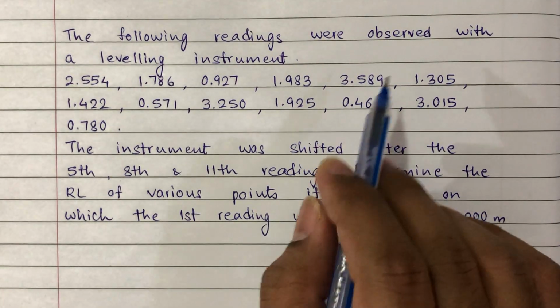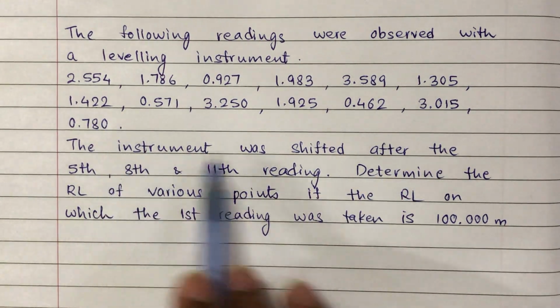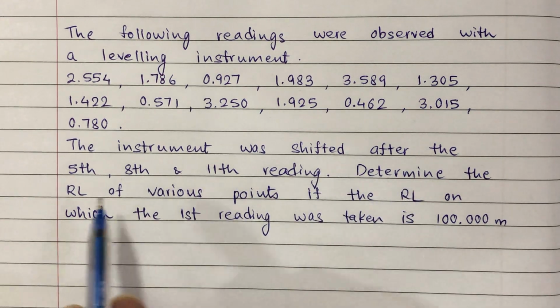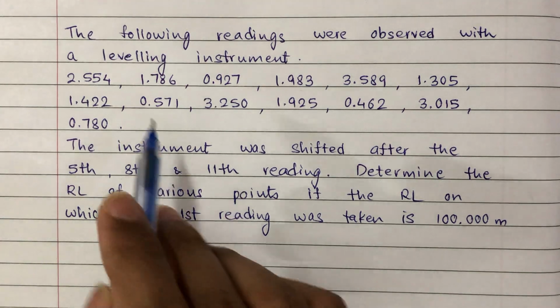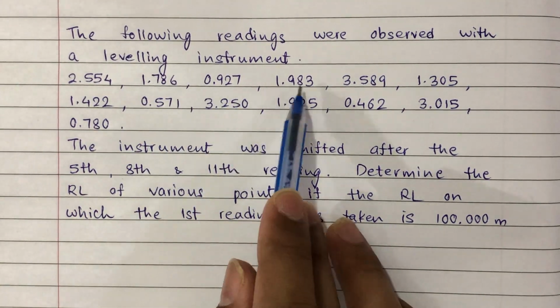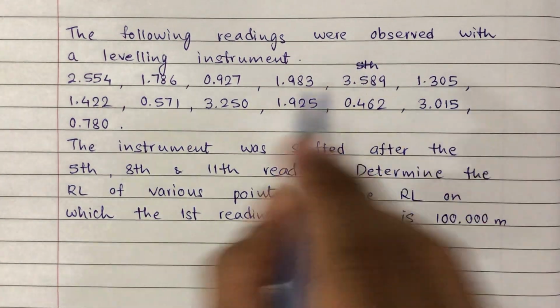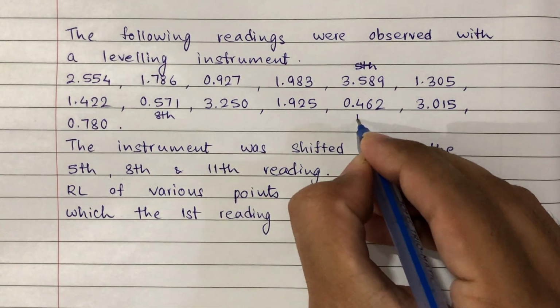The following readings were observed with a leveling instrument. These are the readings that have been observed with the leveling instrument. The instrument was shifted after the 5th, 8th and 11th reading. Means these are the different readings: first, second, third, fourth, fifth, 6th, 7th, 8th, 9th, 10th, 11th.